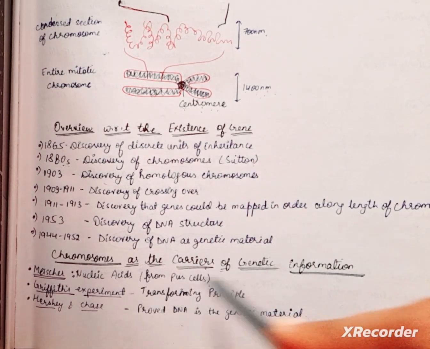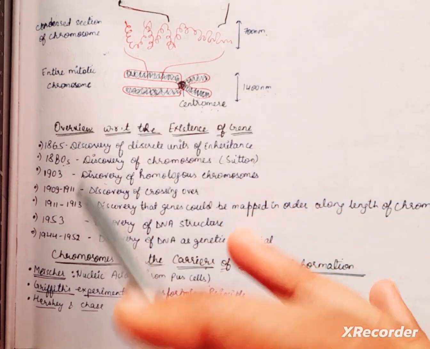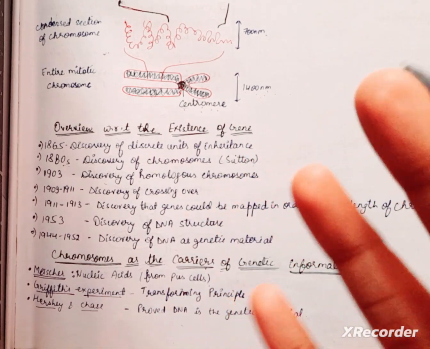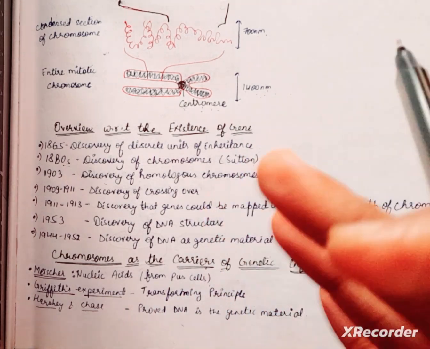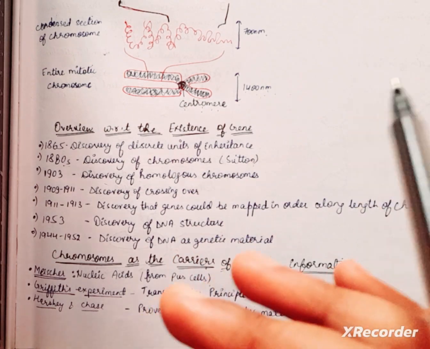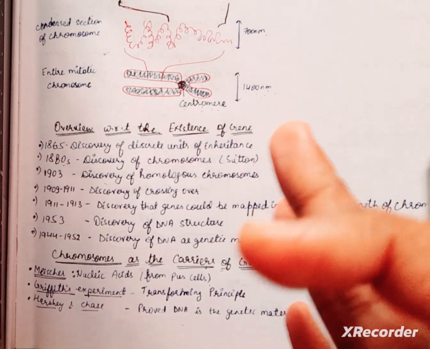From this experiment, we came to know that something is responsible for infection, which passes from an infected to an uninfected person and can cause disease.